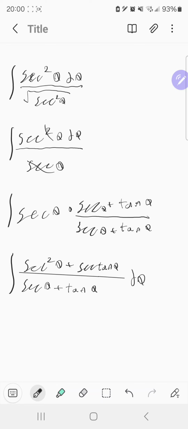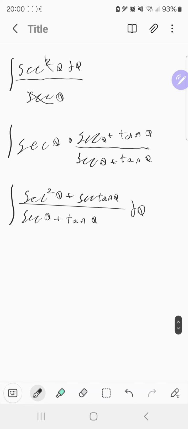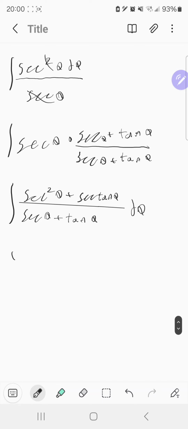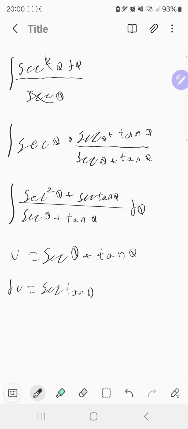Then from there we can let u equal secant theta plus tangent theta, because the derivative of that would be secant tangent theta plus, because the derivative of tangent, secant squared theta.